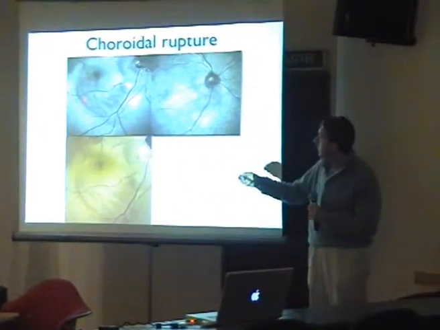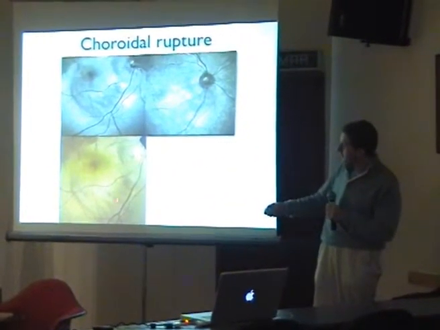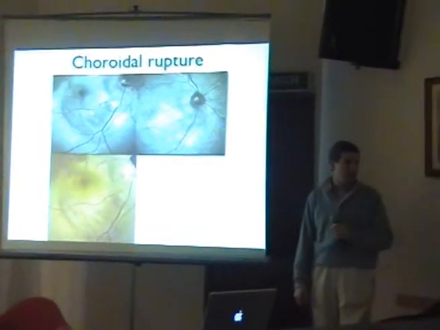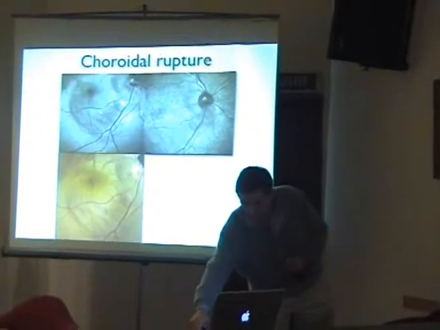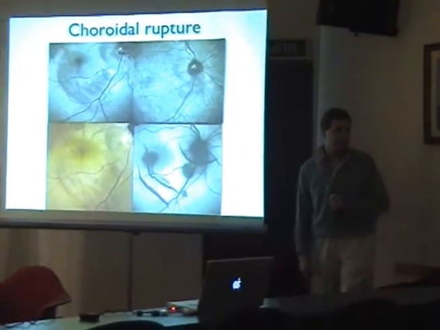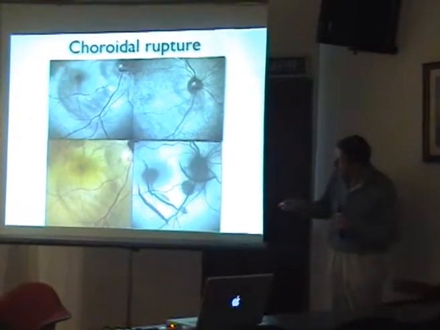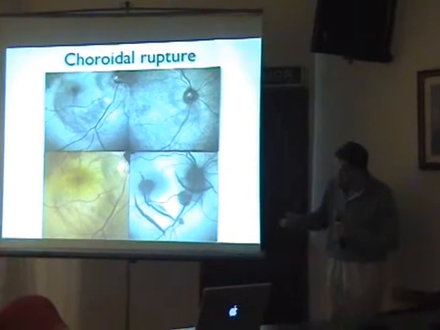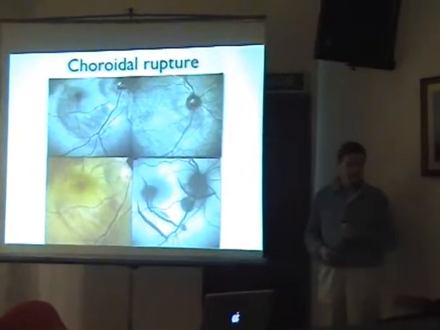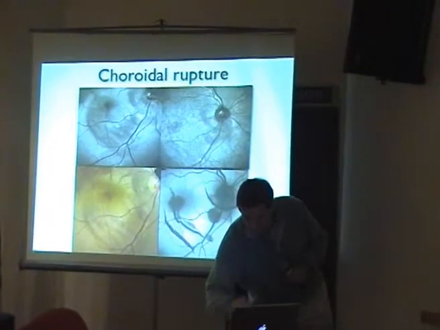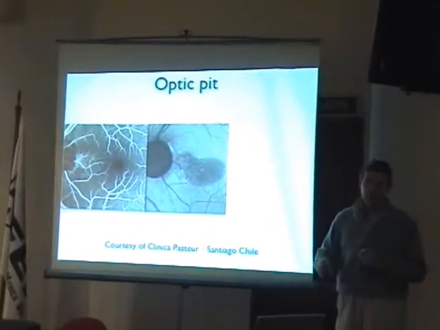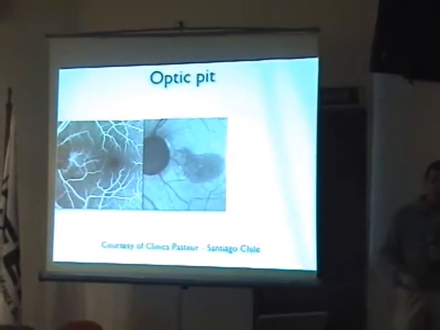Choroidal rupture, red-free, infrared, color picture. But look at the autofluorescence. And actually you know exactly also where the blood is located. This is typical of the optic pit.